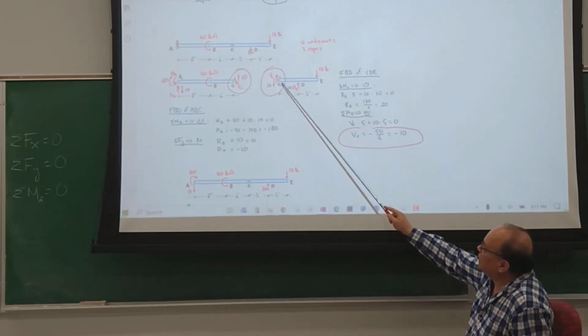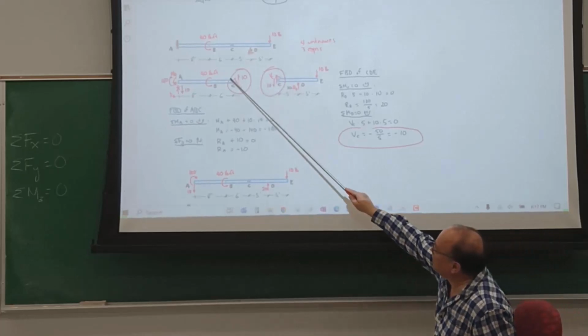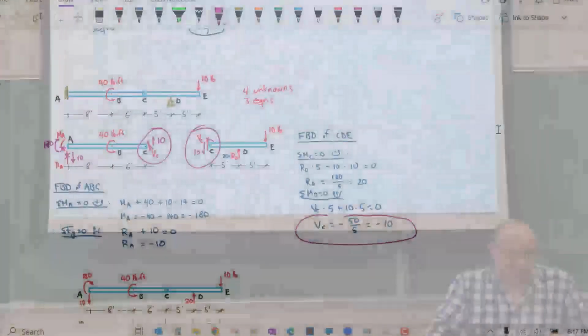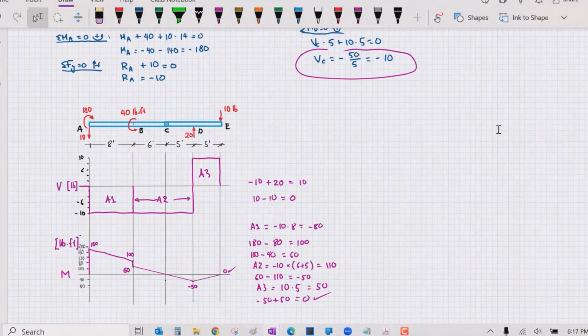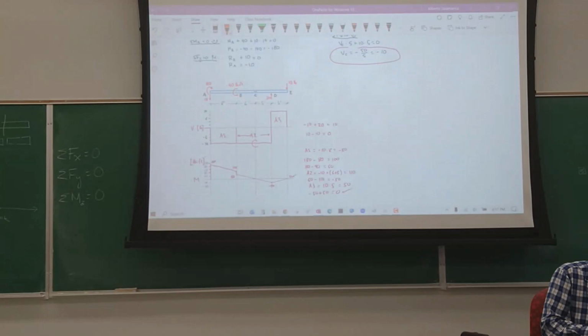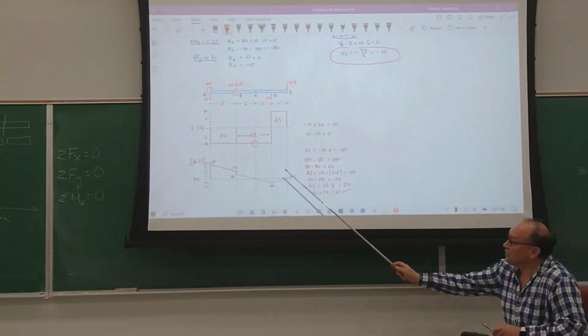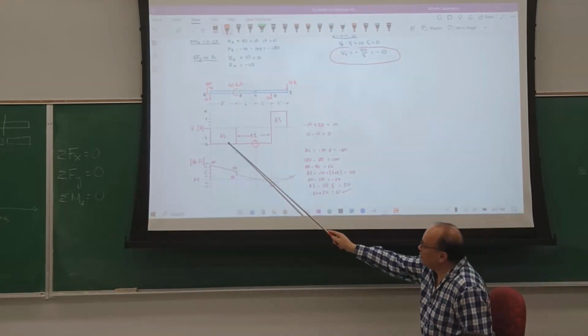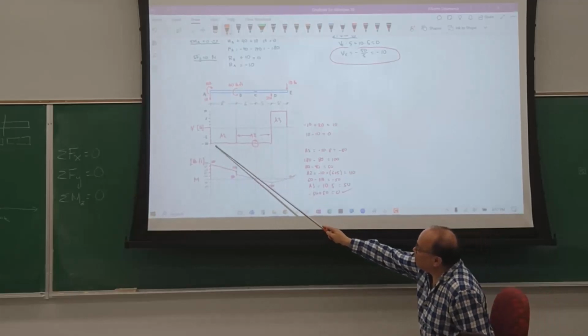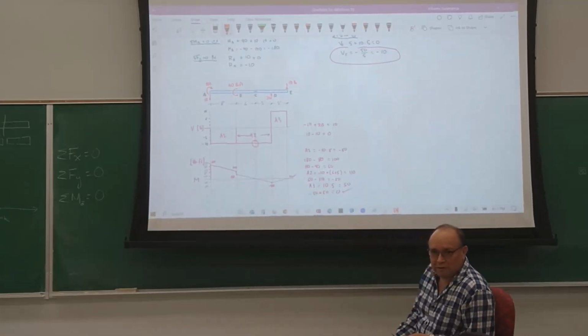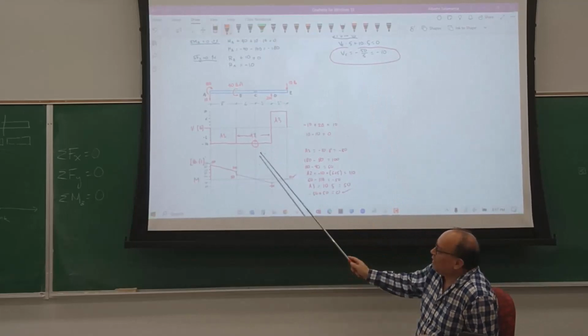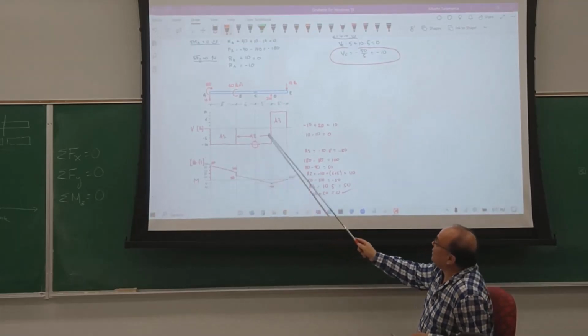Negative, right? It makes this counterclockwise. It's just a check. But look, the shear at point C is minus 10. See? Automatically. If you don't get shear minus 10 as you got here, then something is wrong. Automatically, you see that the shear at this point is what we found.